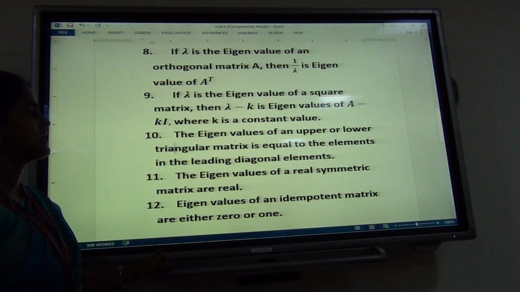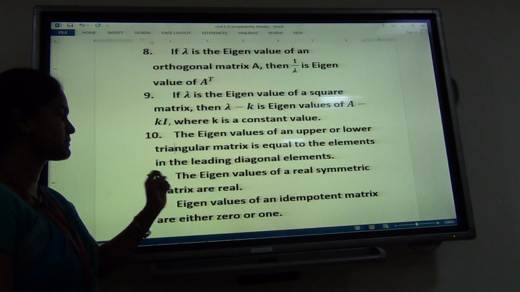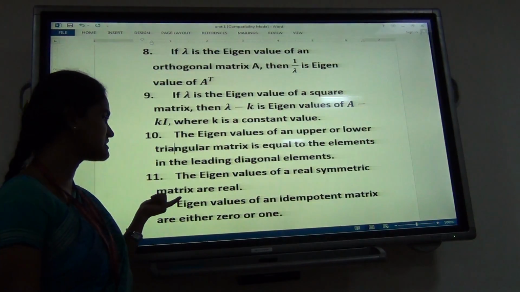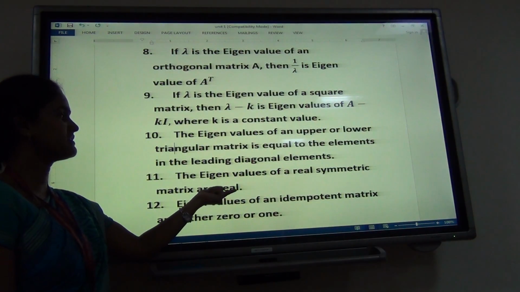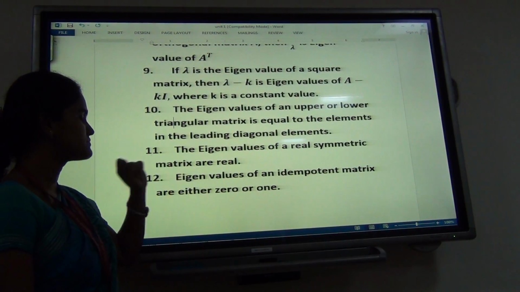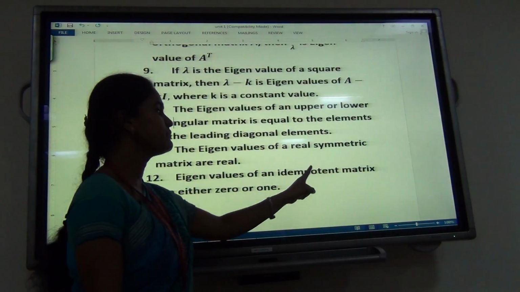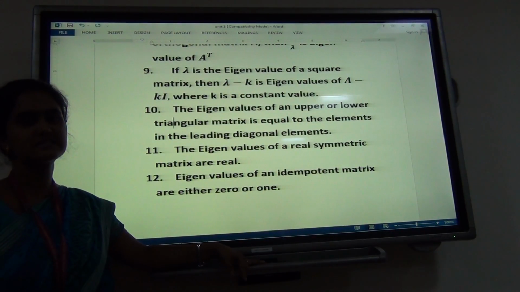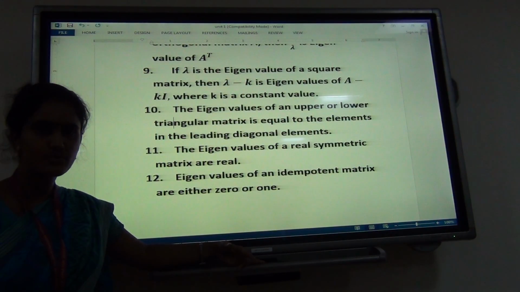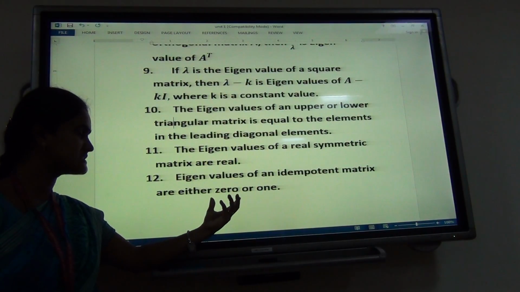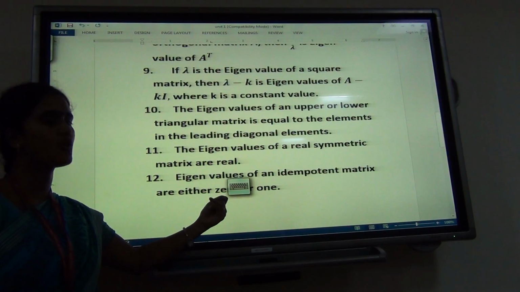The next property is that the eigenvalues of a real symmetric matrix are real. The eigenvalues of a real symmetric matrix would definitely be real. And the last property is that the eigenvalues of an idempotent matrix are either 0 or 1. What do you mean by an idempotent matrix? When A square is equal to A, you can call that matrix an idempotent matrix. For a matrix of that kind, eigenvalues would always be either 0 or 1.